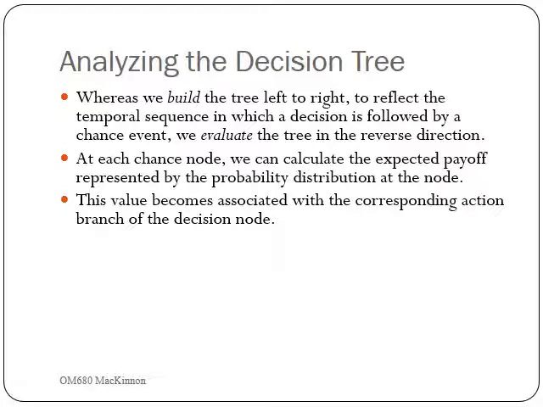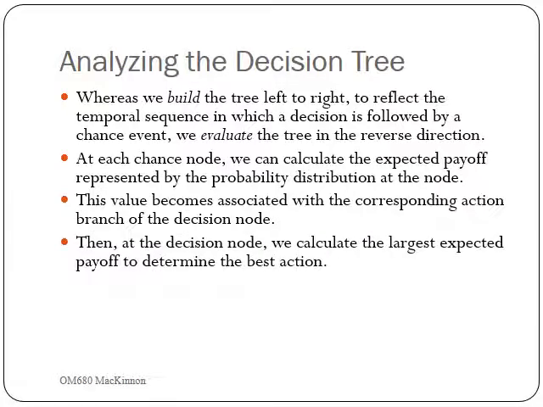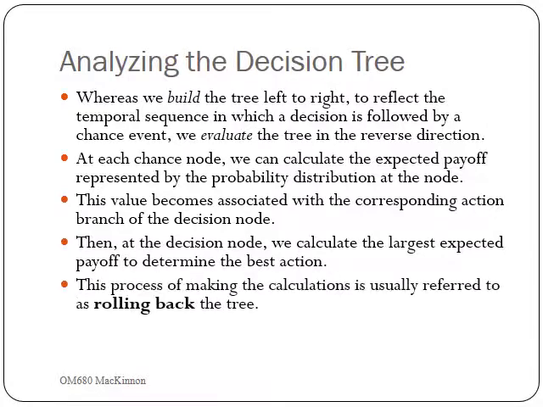We come up with values based on those probabilities and the payoff from each of those decisions. Relate this back to the payoff table example that we've already done, and you'll see it becomes quite easy. We want the largest expected payoff to determine the best action. We call this rolling back the tree: making the calculations and figuring out our best expected payoff.